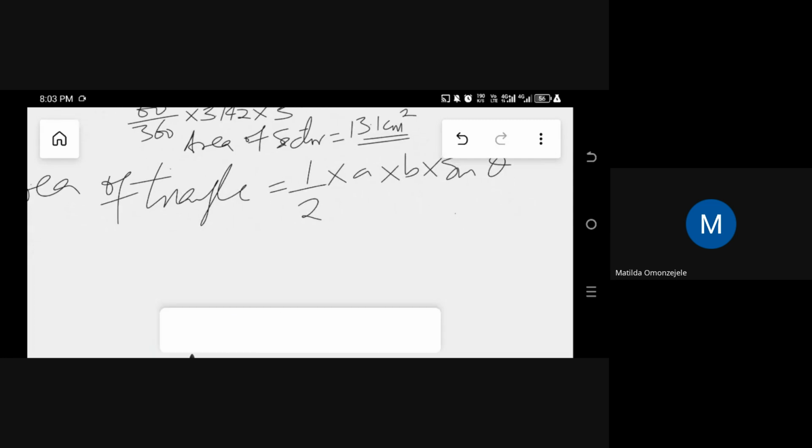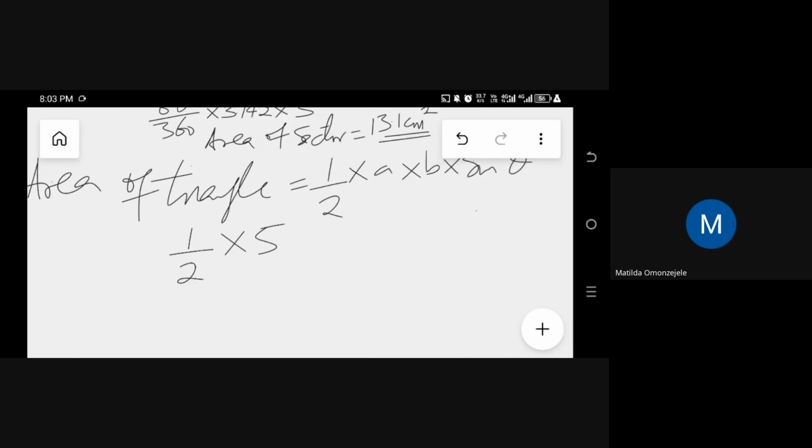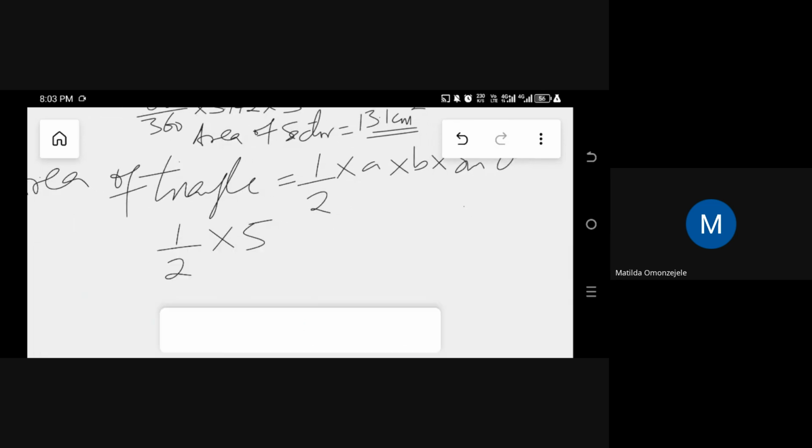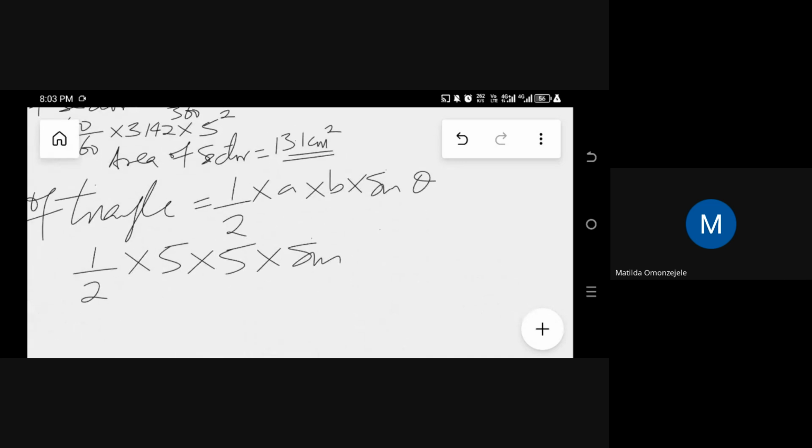And that should give 1 over 2 times A. A is 5, we have talked about that. You see it here. The other side, B, is still 5, because both of them are radii. So half times A, which is 5, times B, which is the same 5, times sine theta. And your theta in this case is 60. You can see it there in the triangle, 60 degrees.